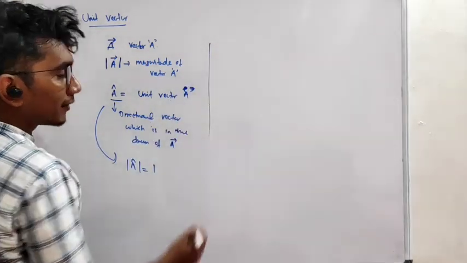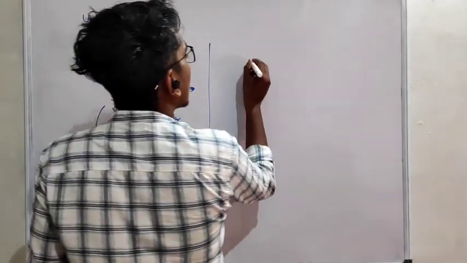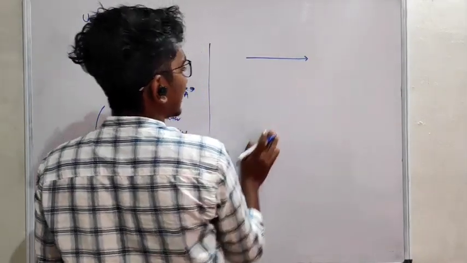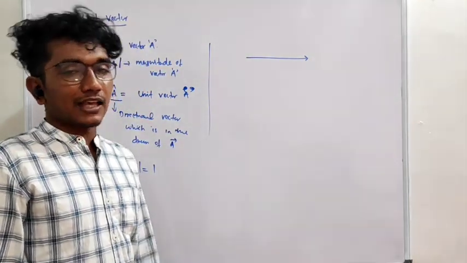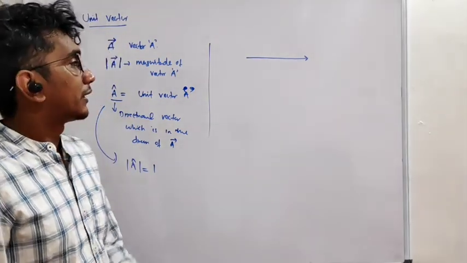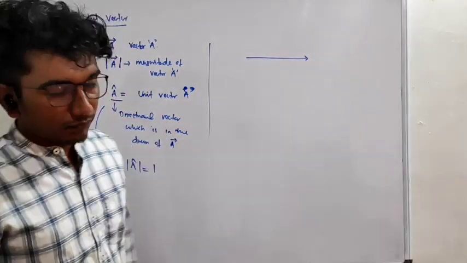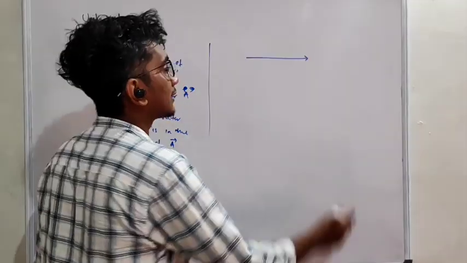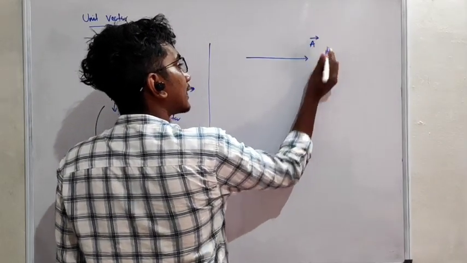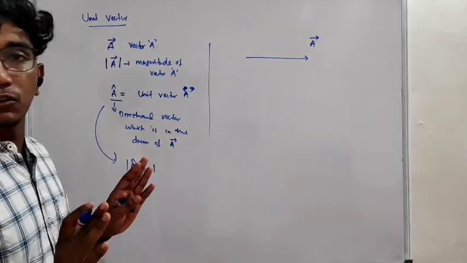Now, for example, think about it. This is a vector which I represent. And in the types of vectors, you must have seen the examples. So this is an arrow, and I would say this is a vector. Let's say this is vector A. Think about it: what is the magnitude of vector A?